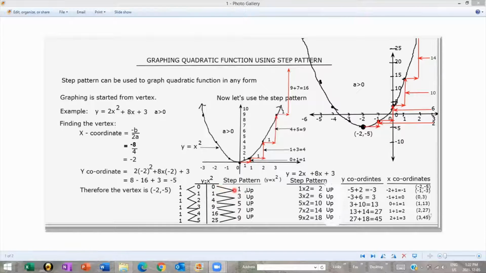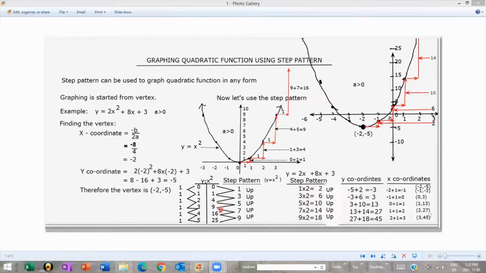So from 0 to 1, you step 1 unit up. From 1 to 4, you step 3 units up. From 4, 5 units up to 9. From 9, 7 units up to 16. From 16, 9 units up to 25. These are the step patterns for the basic quadratic graph.